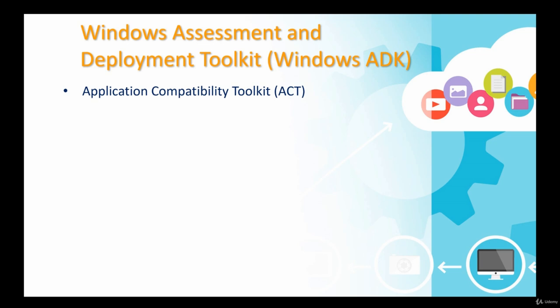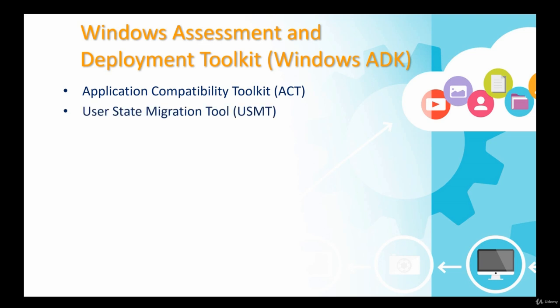I can use ACT to scan all of those computers in my network and tell me if they're running applications that are not compatible. In some cases, you can even deploy little patches called shims that can fix compatibility problems, so that when you do the upgrade to Windows 10, you will have fixed all those little problems ahead of time. So ACT is a really powerful, helpful tool, and it's free. It comes with Windows ADK.